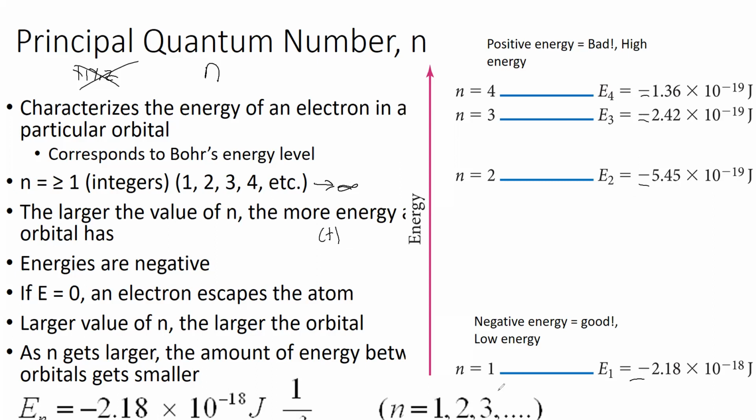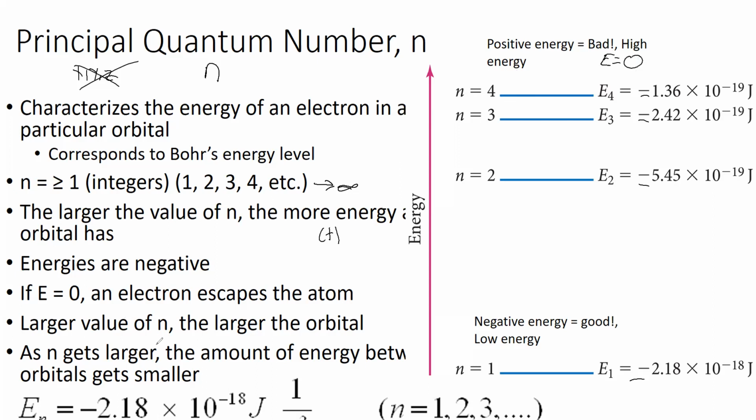The closer you are to 1, the more negative you are, which is good. Negative energies are a good thing. That means you're relaxed. As you move further and further away from the nucleus, that's what these energy levels are, your energy becomes closer and closer to 0, until you're so far away, your energy is 0.